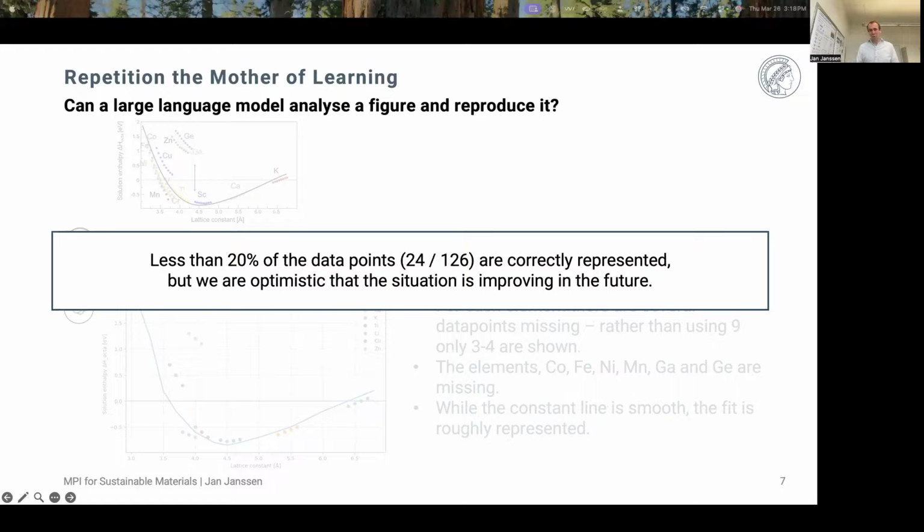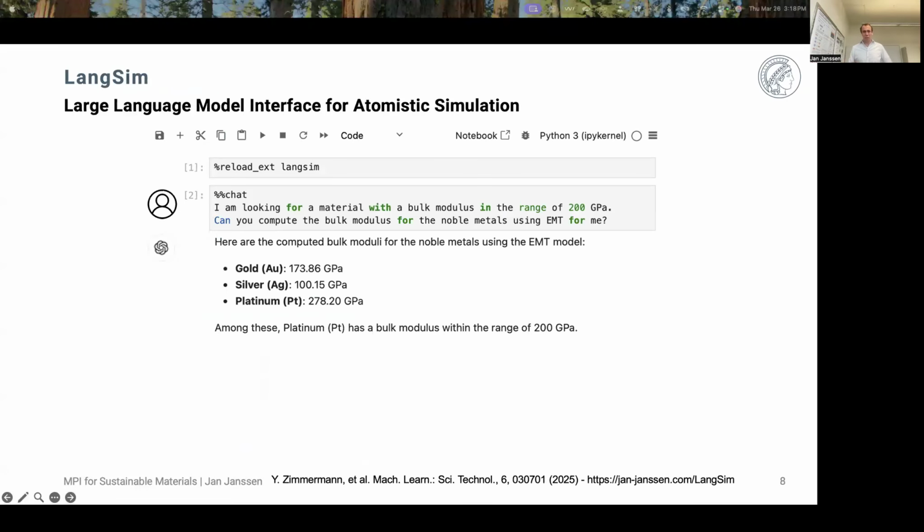The way to get around this is really building these kinds of large language model agents. These are specific tools that the large language model can use to address specific questions. And I want to show these agents, and that's really where our own work comes in, in terms of doing atomistic simulations. The important aspect here is that when a large language model is able to do simulations, it can not only reproduce the data that's maybe already available in the literature, but it can also do simulations that maybe no human has done before.